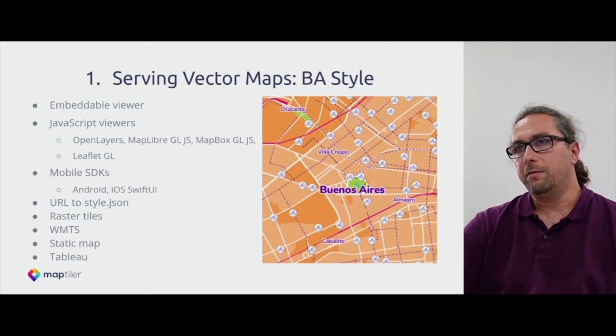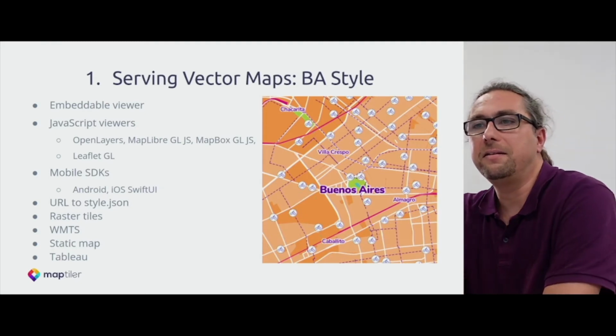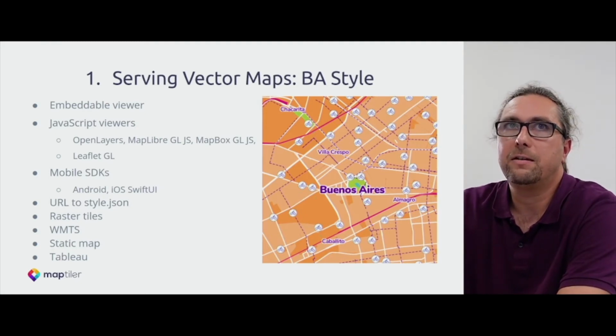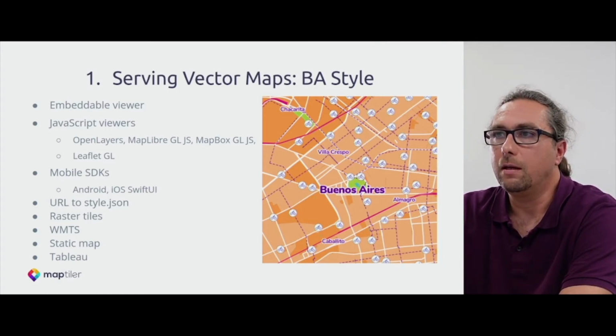But for our example here, we will create a custom map which will match the colors of the FOSS4G event. And once we create it, it will be available through the embeddable viewer. You will be able to preview it in tools like OpenLayers, MapLibre, Mapbox, and so on.